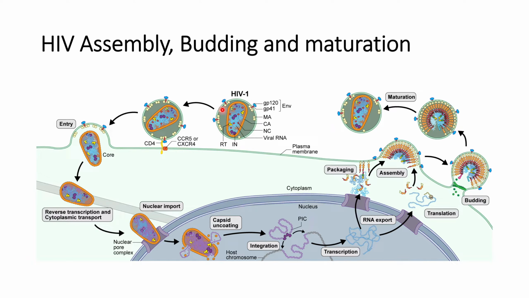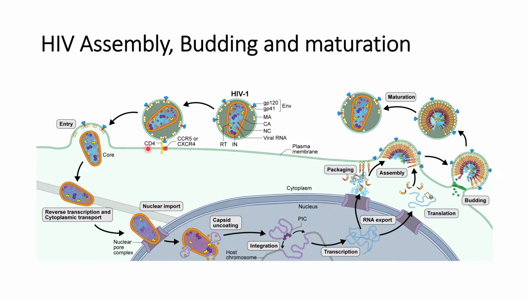This is the HIV virus that enters from the outside, or from another HIV infected patient. In order to infect the host, it needs to enter into the cell. In order to do so, the cell needs to have two kinds of receptors.